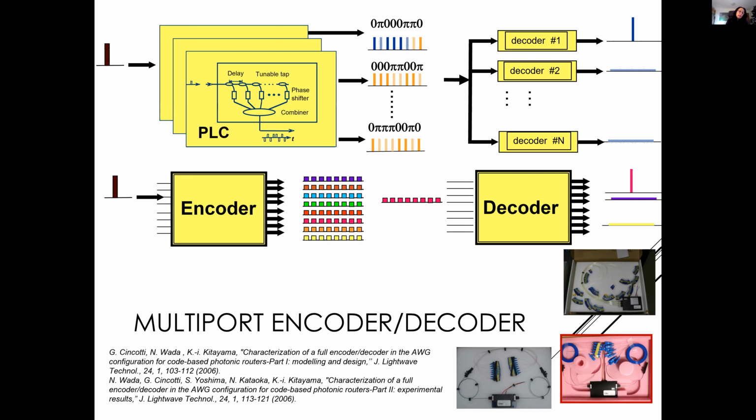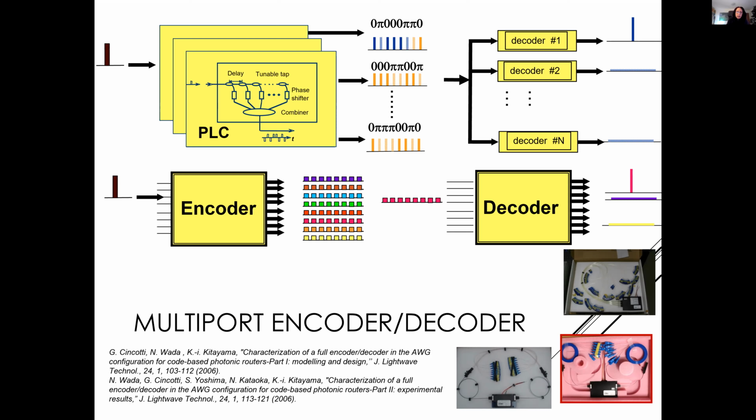We invented, well, actually, I have the patent, but we invented this device that is a multiple encoder-decoder that can generate simultaneously a large number of codes. So here you see pictures of our devices fabricated in Japan. This device can generate up to 15 different codes at 15 ports.